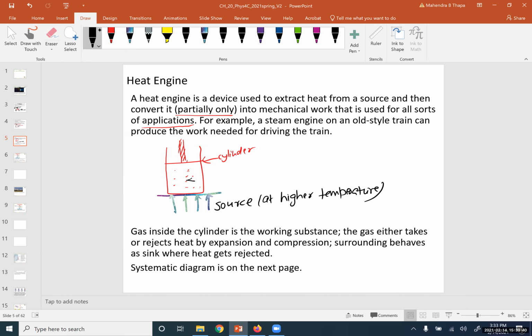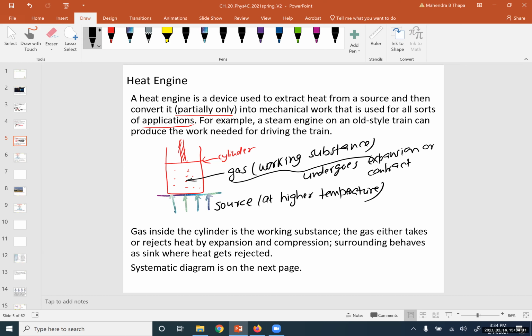The gas inside the cylinder is called the working substance, which could undergo expansion or contraction, meaning the volume could increase or decrease.